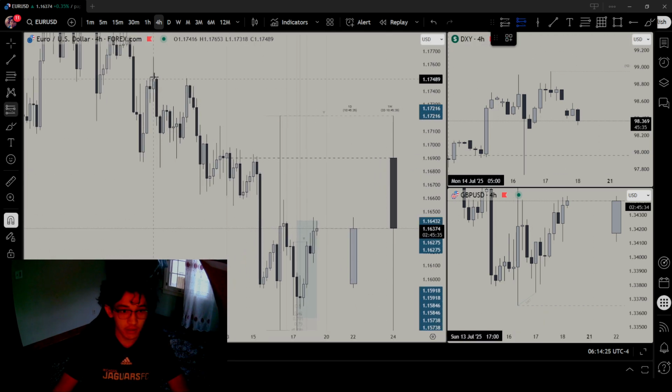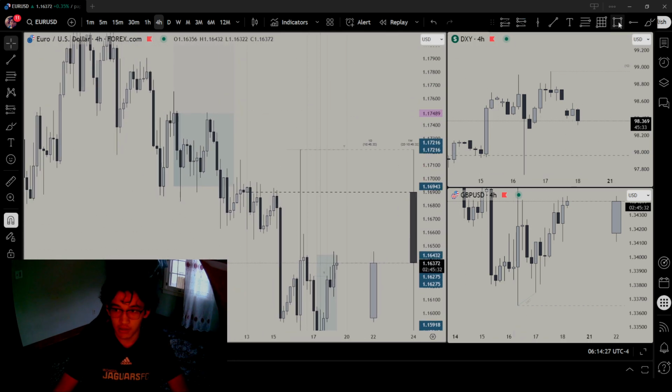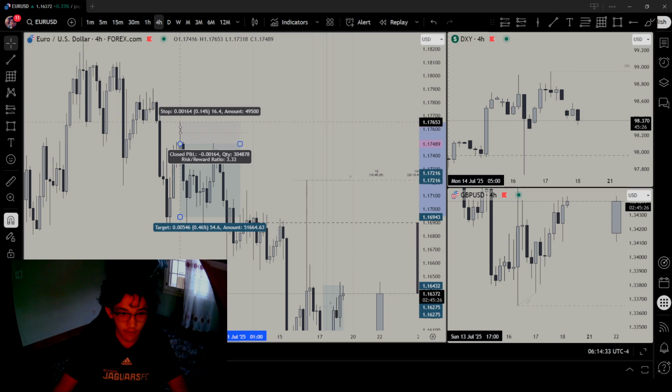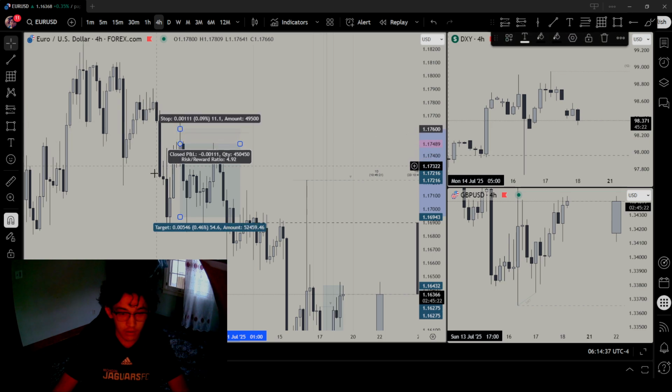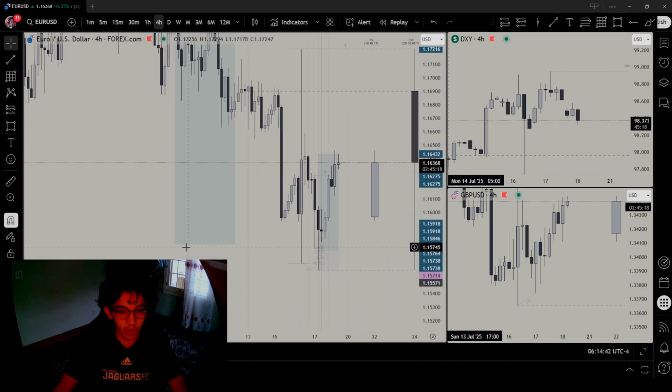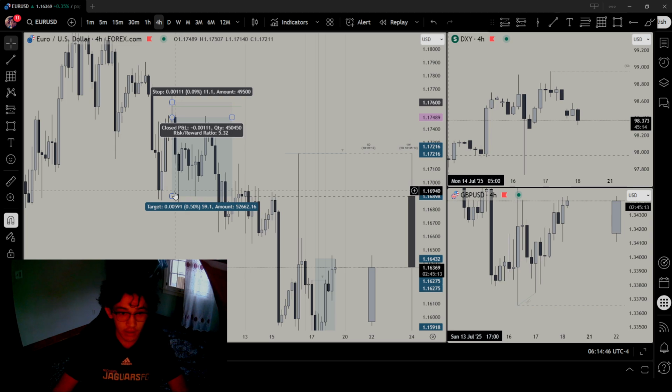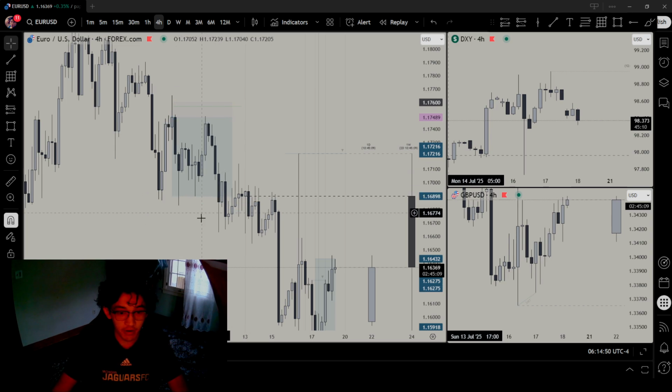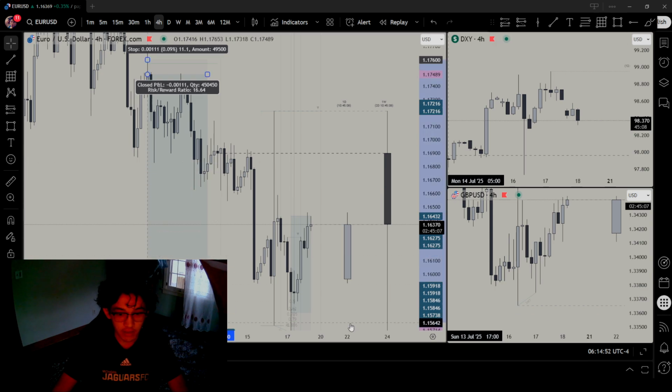I shorted from here, from the 50% mark of this, all the way down here. It went way beyond 5R. My goal was just a 5R. Guess what? It went to a 15 RR, right?